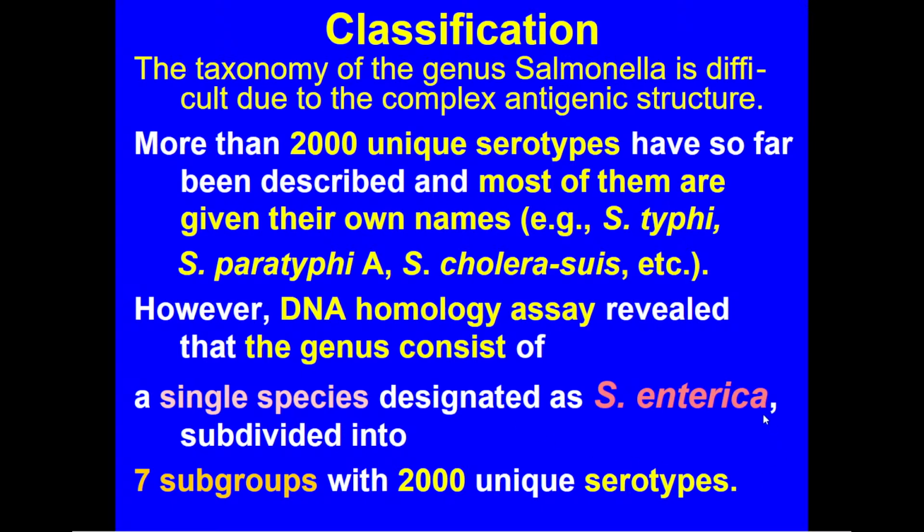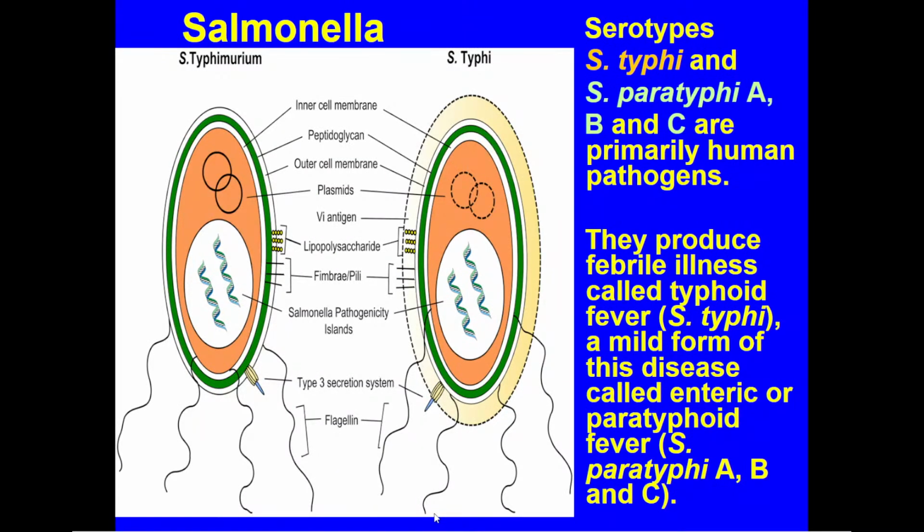And Salmonella enterica, which is a collection of all Salmonella that may cause disease in humans. They are considered the same species, Salmonella enterica. But according to the biochemical properties and antigenic structure, Salmonella enterica is divided into 7 subgroups with 2,000 unique serovars.